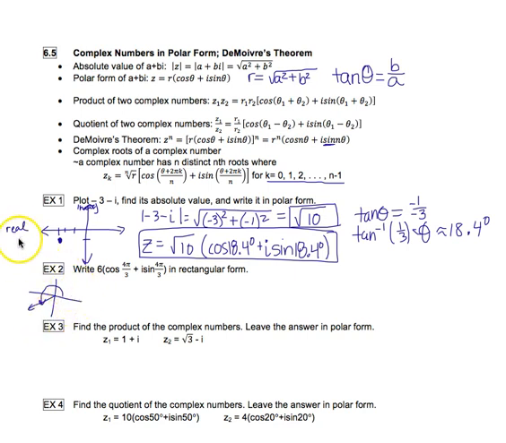At 60 degrees, I know my cosine is generally the 1/2 value, and the sine is the radical 3 over 2. Because I'm in quadrant 3, both of those values are going to be negative. So this is the ordered pair on the unit circle where I land, which means I'm doing 6 times cosine of 4 pi over 3, which is negative 1/2, plus i times the sine of 4 pi over 3, which is negative radical 3 over 2.